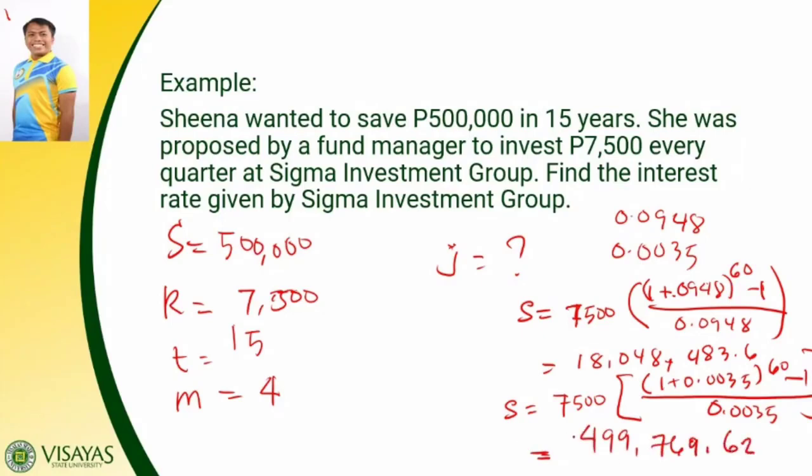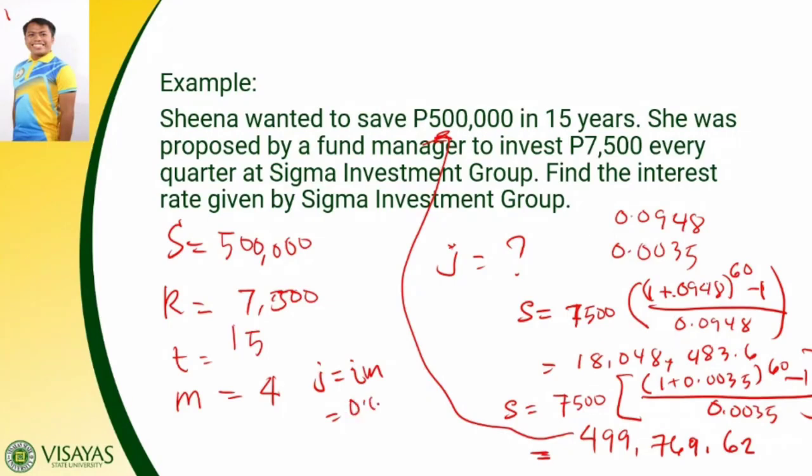So more or less this is close to 500,000. So for I, the one we will use is 0.0035. Since what we are looking for is J, here is the formula for J. J is I times M. We use I as 0.0035, because 0.0948 is too far.